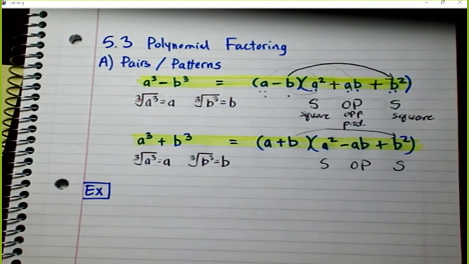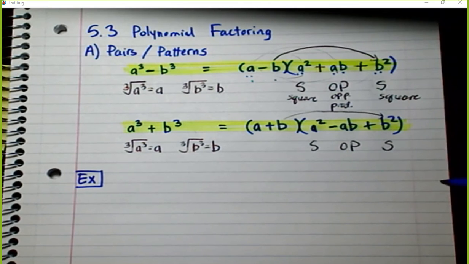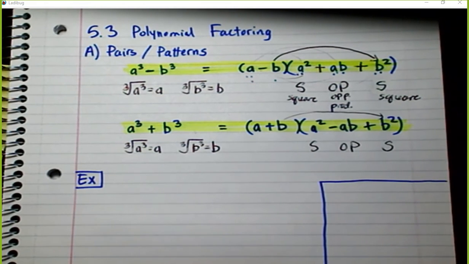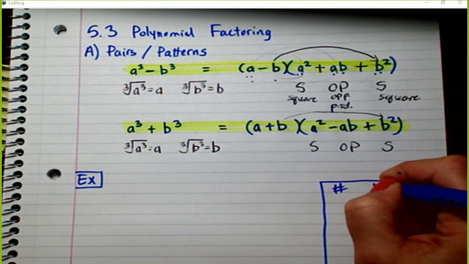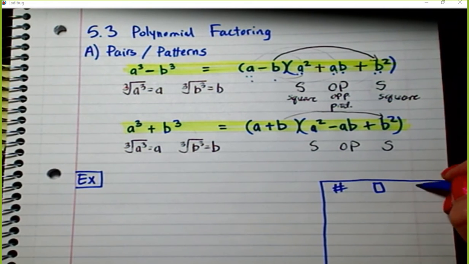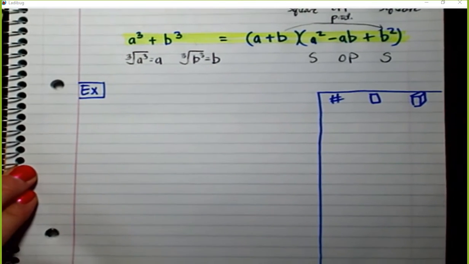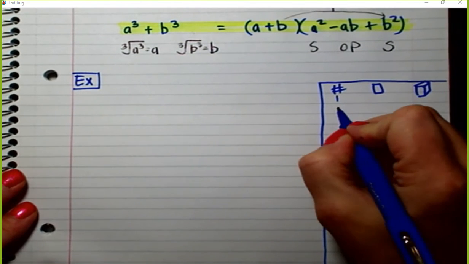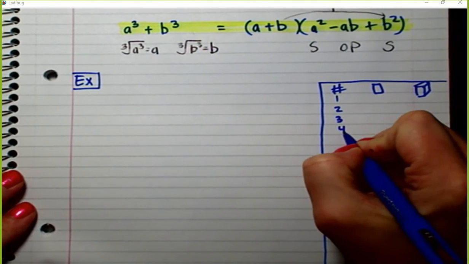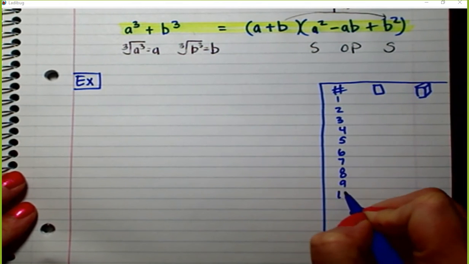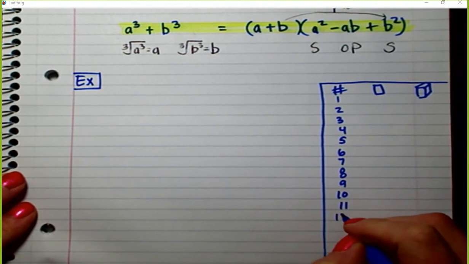Okay, so as I get ready to do my example, I'm just going to make a little chart over here with some numbers, the perfect square, and the perfect cube. You don't have to draw the shapes. And I'm just going to write down 4, 11, 12.